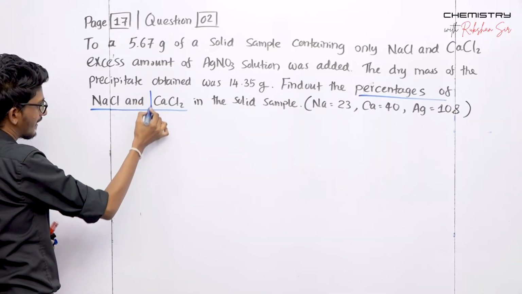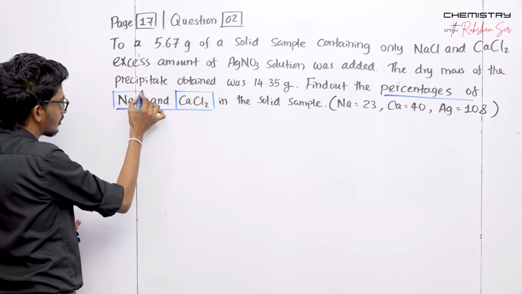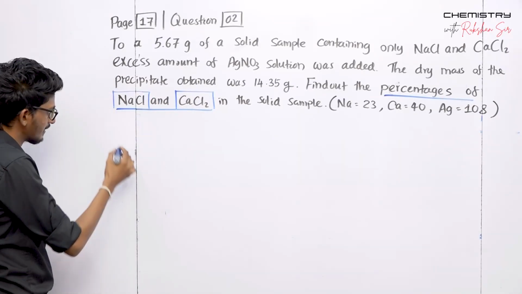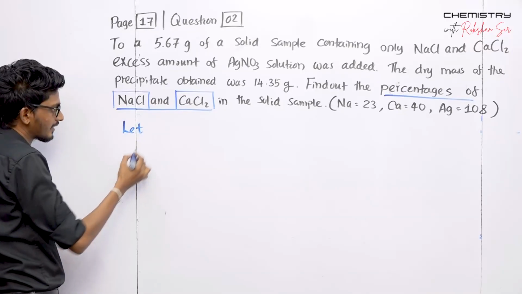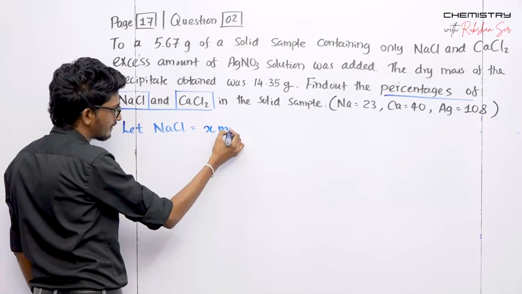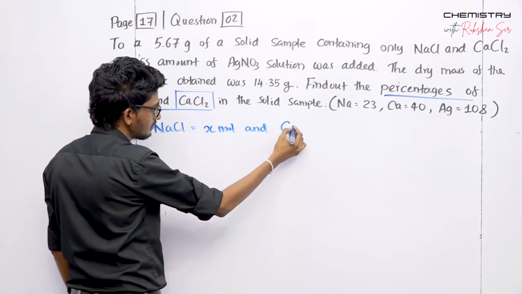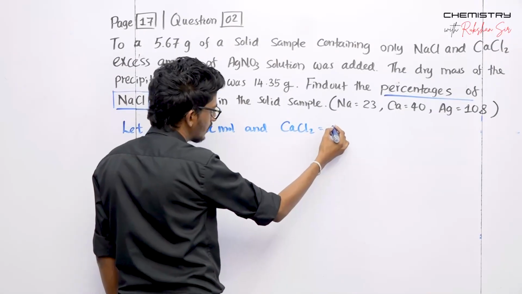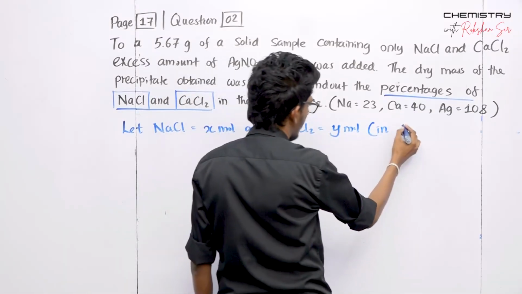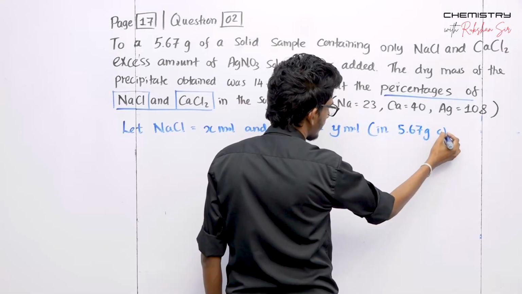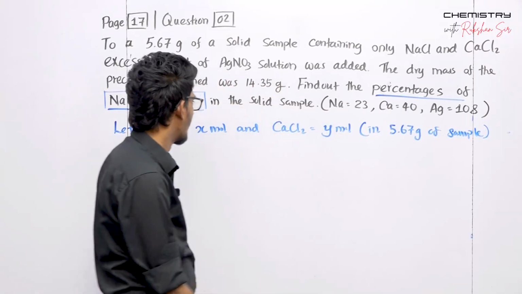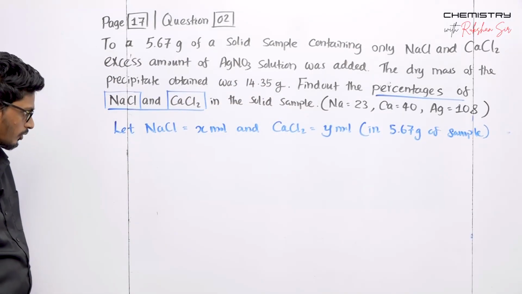So identifying the goal means you can write like this: let the sodium chloride amount be X moles and the calcium chloride amount be Y moles in 5.67 grams of sample. So that is identifying the goal, right? First thing is to identify the goal.